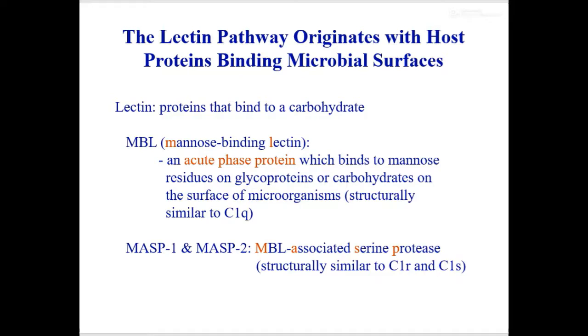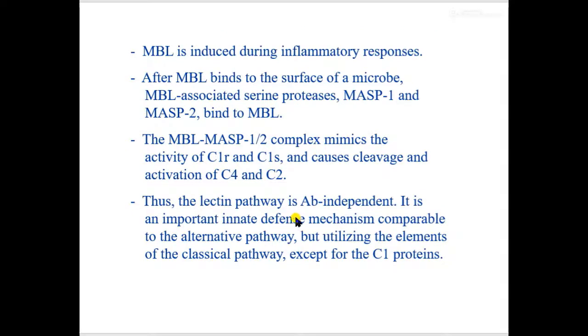So you have a microbial surface which has mannose. Onto that MBL comes and binds, and after that MASP1 and MASP2 will get bound to it, and you can see that they will function just like the C1qrs complex.